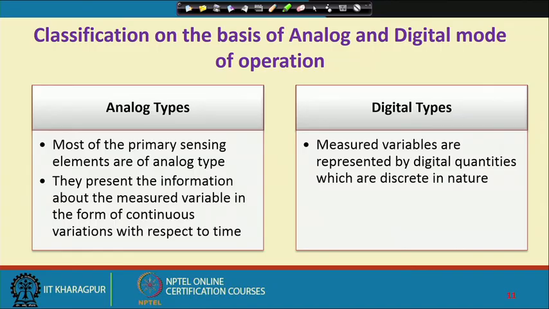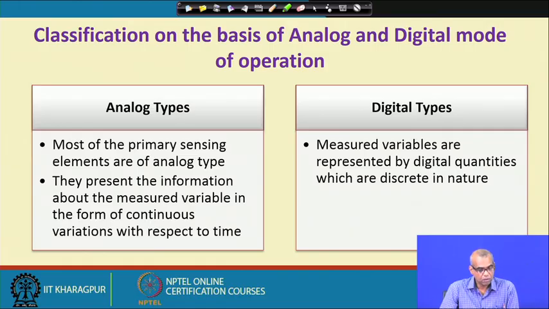Another classification is on the basis of analog and digital mode of operation. You are all familiar with analog type instruments and digital type instruments. Most of the primary sensing elements are of analog type, although the number of digital types is increasing day by day these days. Analog type instruments present the information about the measured variable in the form of continuous variation with respect to time, whereas digital types represent it by digital quantities which are discrete in nature.